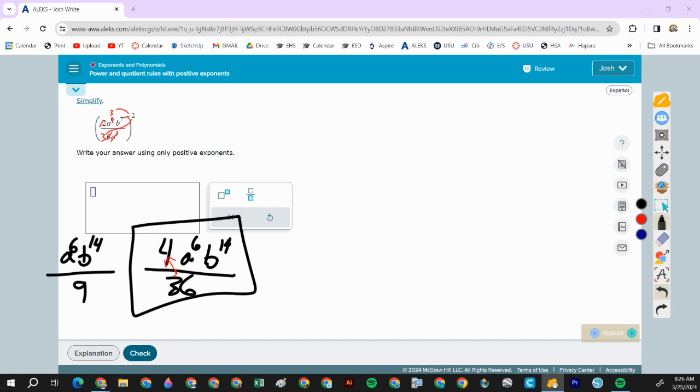And we get a to the 6th, b to the 14th over 3 squared is 9. So it's actually way faster if you do the simplification before you square it. All right? Okay. Get to work.